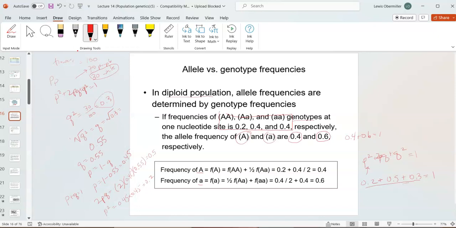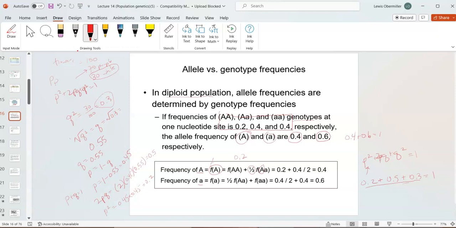The frequency of big A is the frequency of the homozygous big A, which is 0.2, plus 1/2 the frequency of big A, little a. The reason it's 1/2 is because they only have half of a big A allele.